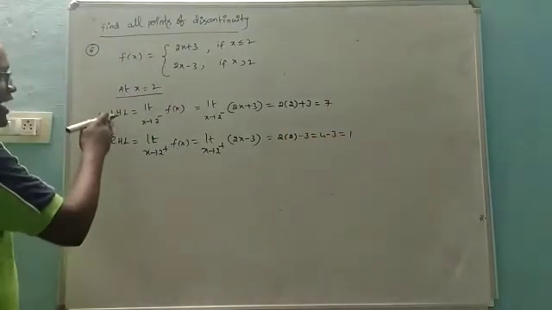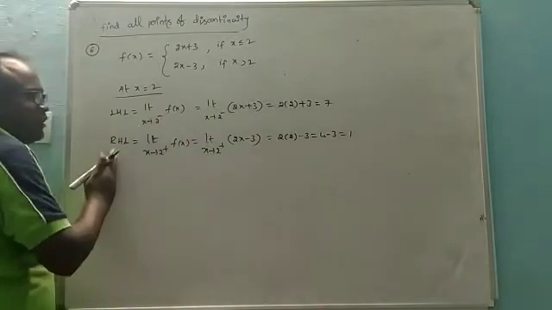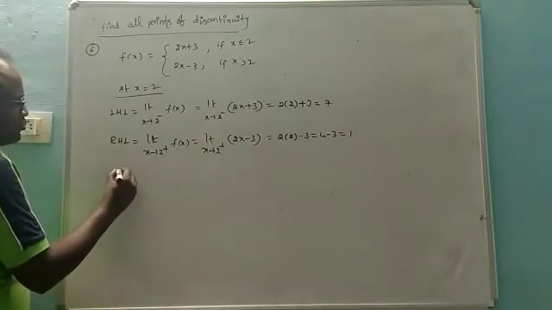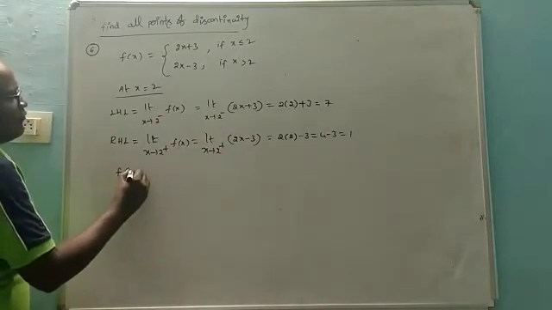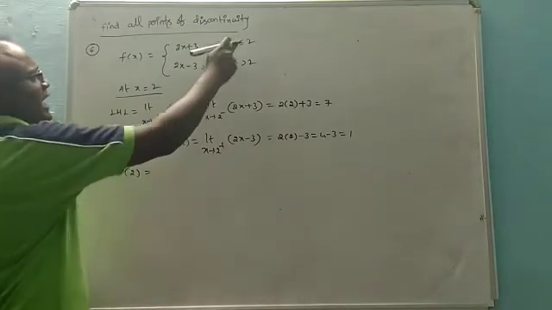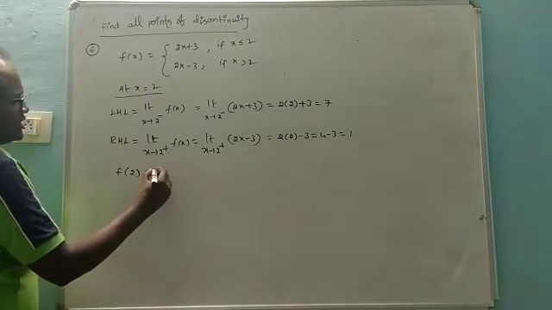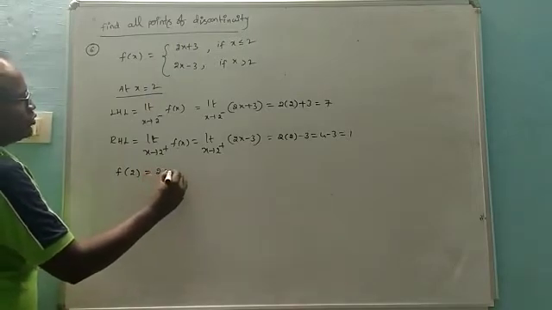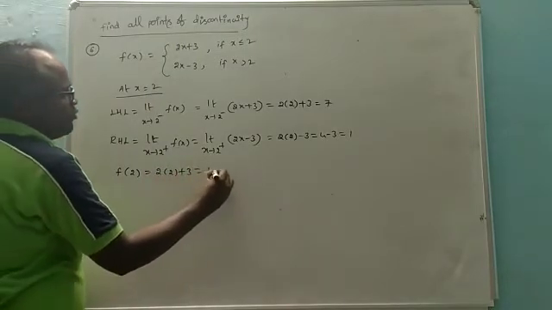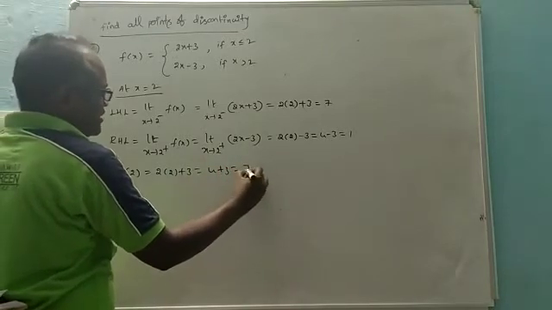Left hand limit is 7, right hand limit is 1. What about f of 2? f of 2 means the function for less than or equal to, x is equal to 2, so 2 into 2 plus 3 means 4 plus 3, that is equal to 7.